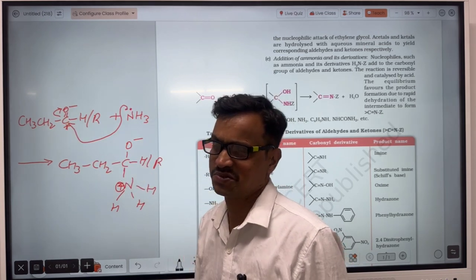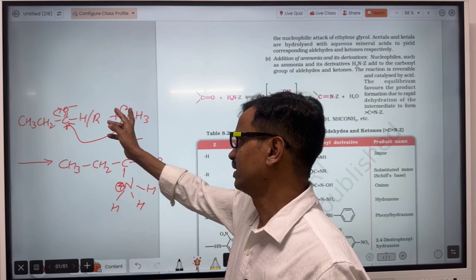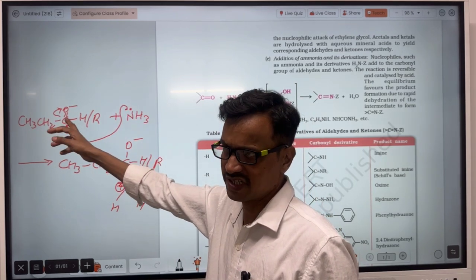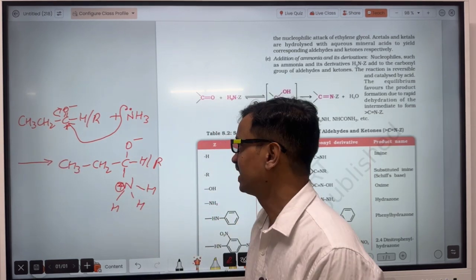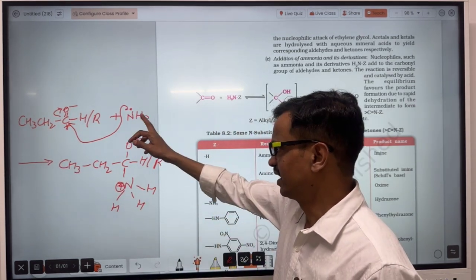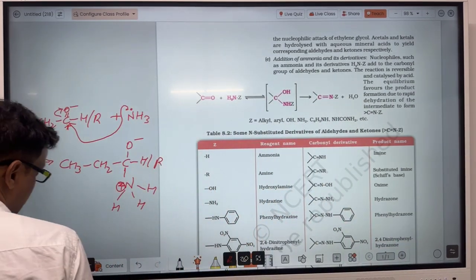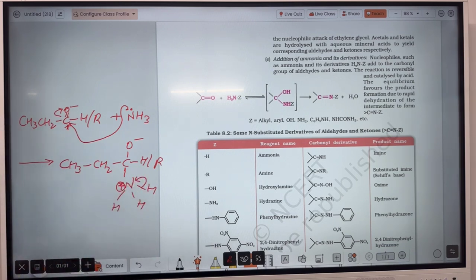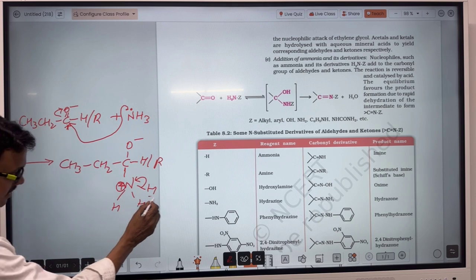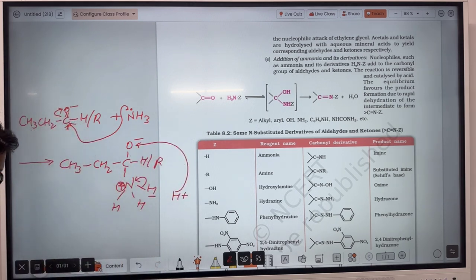So when one electron came to this carbon, that positive charge will disappear. Because there was deficiency of one electron, positive charge means deficiency of one electron, and one electron from the nitrogen has come here. So that positive charge will disappear and a positive charge will be at the nitrogen. Then, since there is a positive charge on the nitrogen, it will attract one of the sigma electrons of the NH bond. So it will be released as H plus ion and this H plus ion will bond to this oxygen.